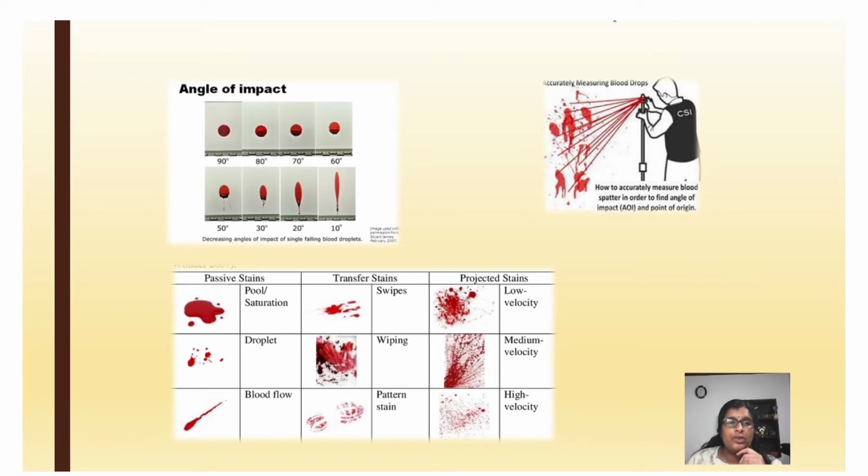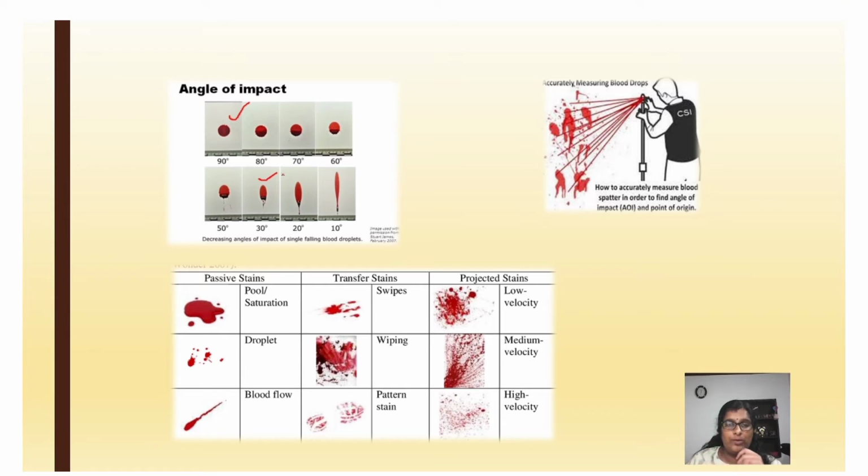We can see here it's spherical, proper round in shape. In general, we will tell that if the droplet of blood is spherical in shape, it falls at a 90-degree angle. If it is an oval shape like this, we can tell that it's a 30-degree angle.